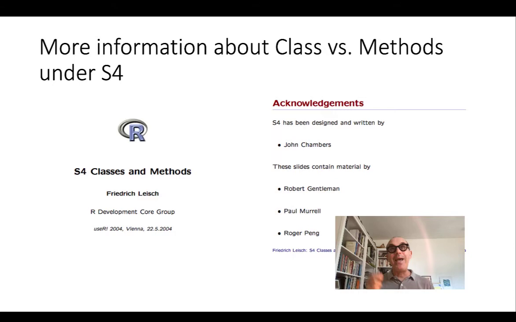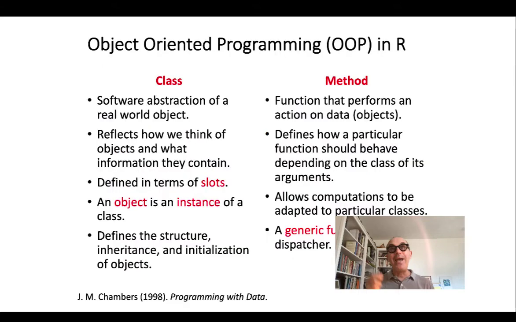More specifically about classes and methods under S4, it is a good lecture by Frederick Lynch, and I saw his lecture on the subject, and again this is a good background on the subject and idea. I took his notes and I composed it into this. So he says that a class is a software abstraction of a real world object.